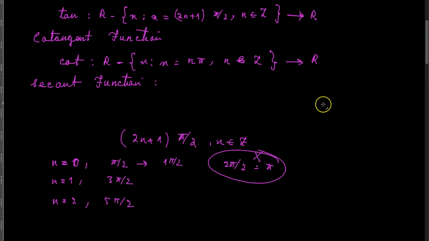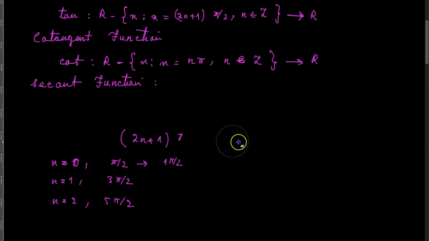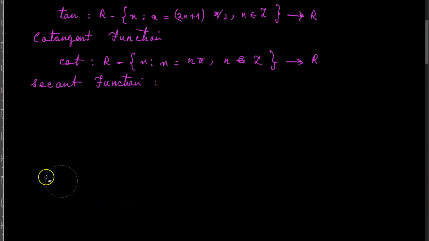So then you have pi by 2, 3 pi by 2, 5 pi by 2, 7 pi by 2, and so on and so forth. Which means that for the secant function, you have to do the same thing, take out all the odd multiples of pi by 2 from the domain of the function, because that's where the cos function is 0, right?